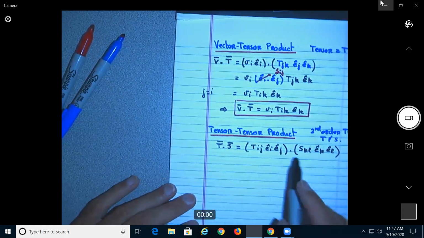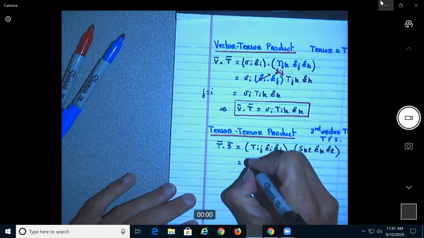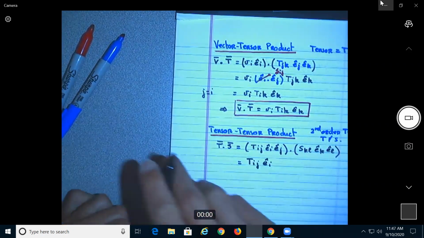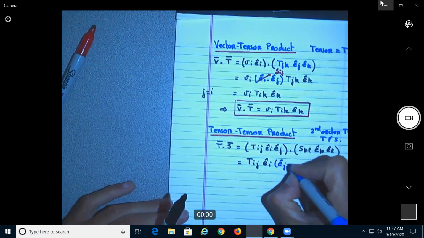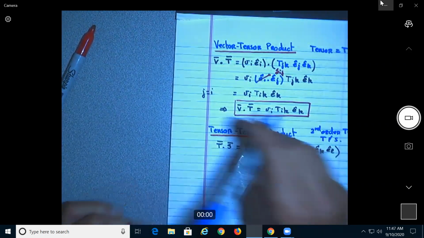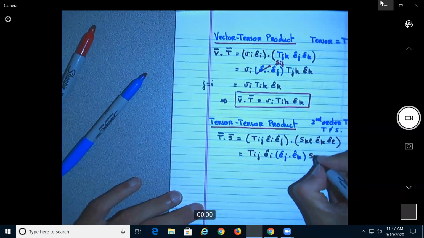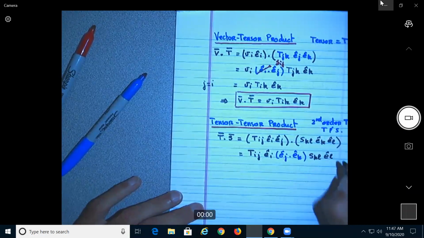So we need to do the dot product between EJ and EK. This will be TIJ, EI, dot product of EJ dot EK, SKL, E of L.